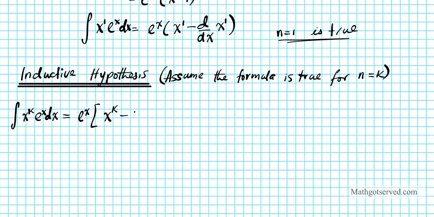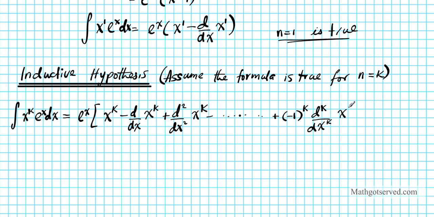minus the first derivative d dx of x to the k, plus the second derivative d squared dx squared of x to the k, minus dot dot dot, the pattern goes on, plus negative 1 to the k times the k-th derivative of x to the k.